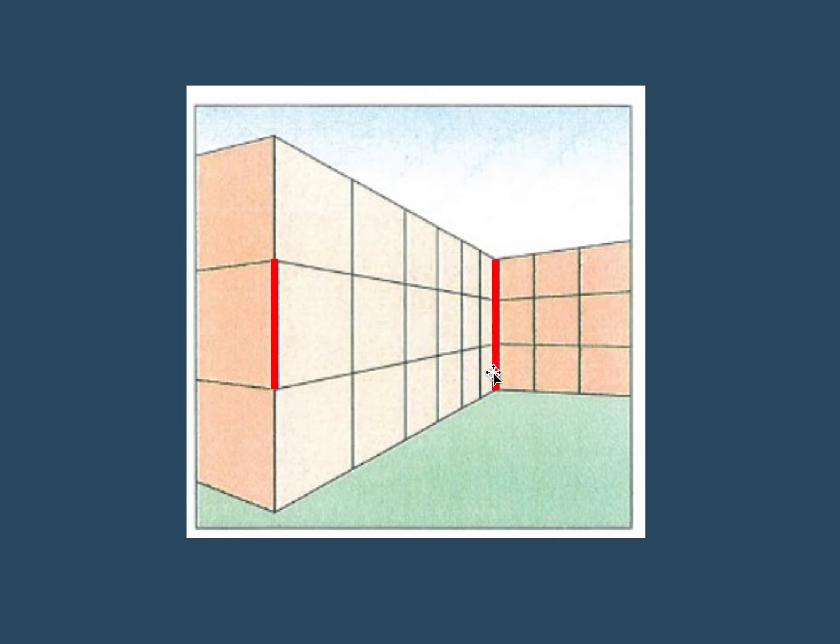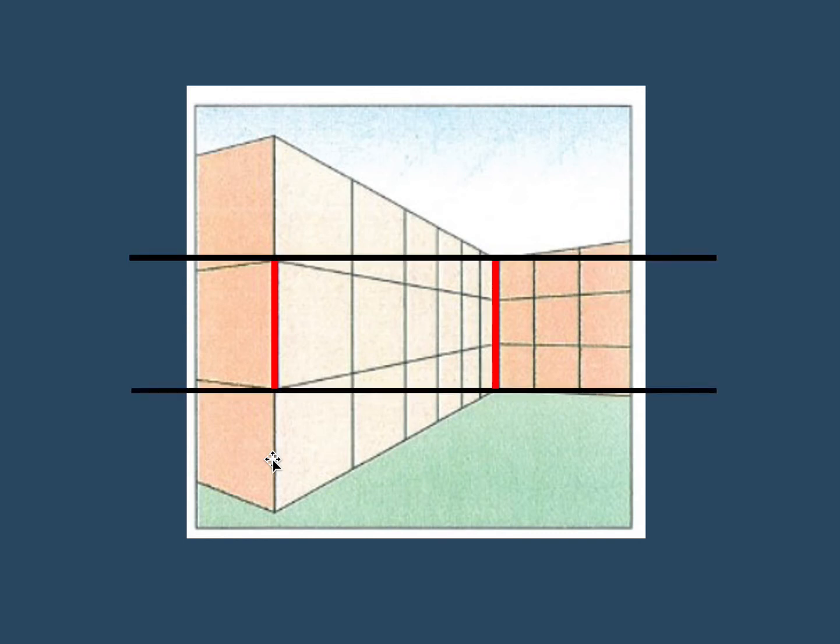If we encountered this situation in the world, a wall like this that went back in space and another wall, this piece right here would be significantly bigger. In fact, 3 times the size of this. In other words, our brain is telling us the truth about the world, not what's hitting our eyes. We might see this in the real world, but we would not be fooled into thinking they're the same size. Even if when they hit our eyeball, they are the same size, they're not in real life.